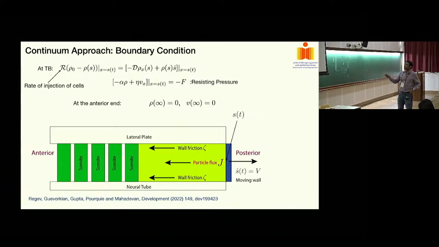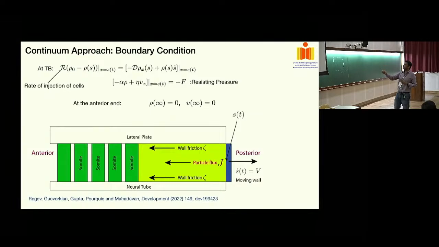So rho 0 minus rho S, multiplied by R, gives the left hand side of the mass balance equation. This is balanced by the right hand side, which comes from the diffusion and the advection: advection at the boundary, rho at S, times S dot, how fast the tail bud is moving, and then there is minus D rho x.